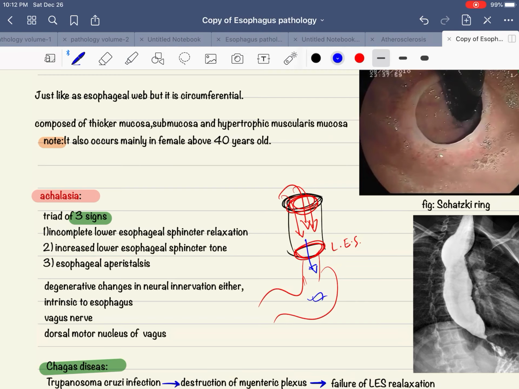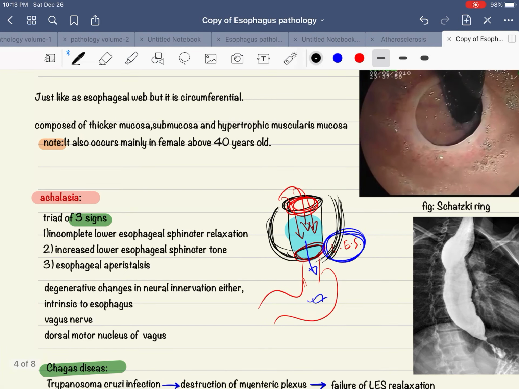But if for any reason the lower esophageal sphincter cannot relax, the food particles cannot move downward into the stomach, that means they will be impacted at this location. This esophageal portion will be dilated because the food cannot move downward, so it remains here within the lower end of the esophagus.